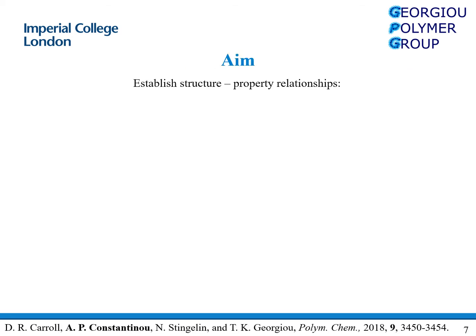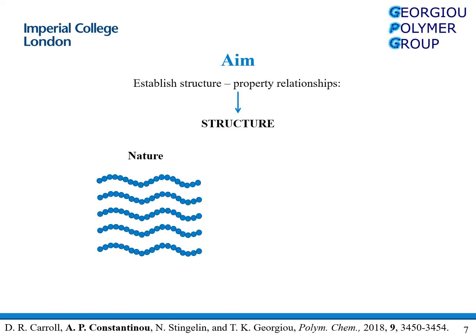So the aim of my project was to establish structure-property relationships. I was changing the polymer structure, and I was interested to see how this change would affect the final properties. In terms of the structure, in nature, each specific protein every time it is formed has the same length and the same composition.